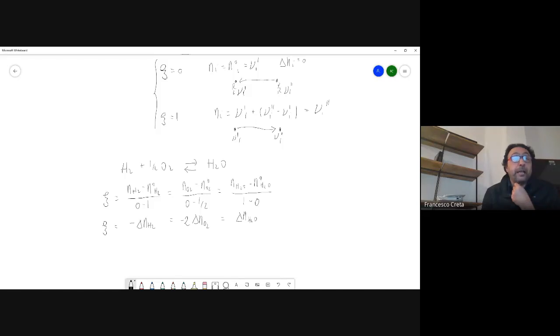You can't go any more left than when the water here on the product side is 0, because otherwise this will start going negative. Same thing for the rightmost value of Xi, the most positive one, because essentially you're favoring H2O until either oxygen or hydrogen is completely depleted.